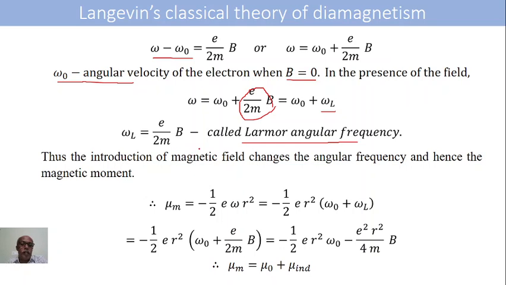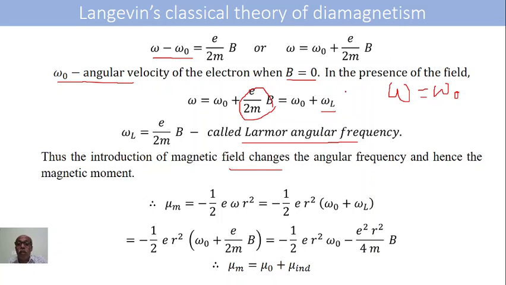Thus, the introduction of magnetic field changes the angular velocity, or in other words, the angular frequency, and hence the magnetic moment. Before the introduction of magnetic field, that is when B is equal to 0, omega equals omega naught. In the sense, this is the initial angular velocity when B is equal to 0.